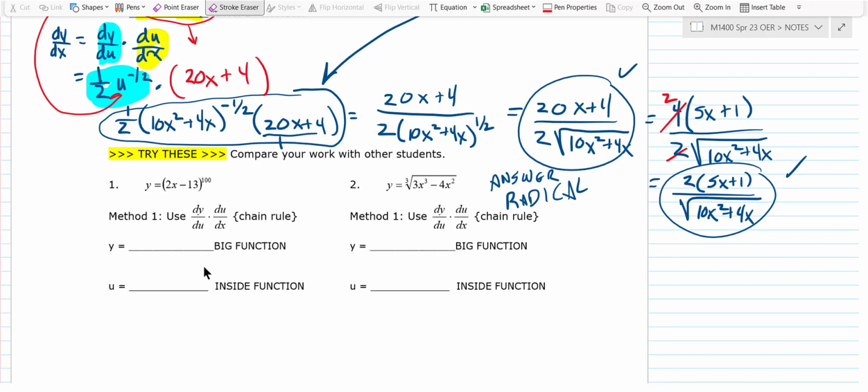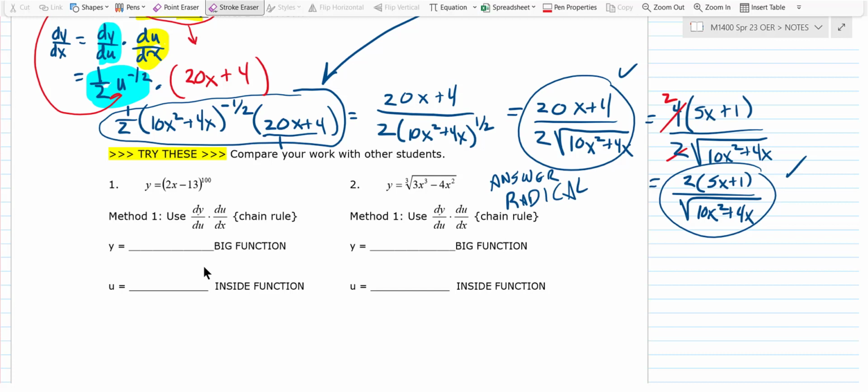Okay, how's the back row doing here? Okay, got a good answer on the first one. You all got the same answer on the first one? Okay. General power rule, you're just going to write 3x to the third minus 4x squared to the 1/3. Same thing.